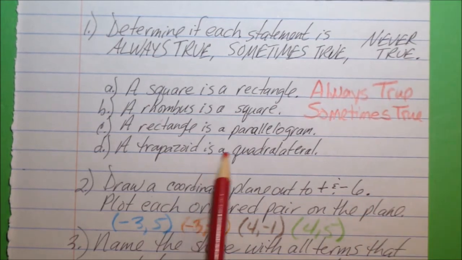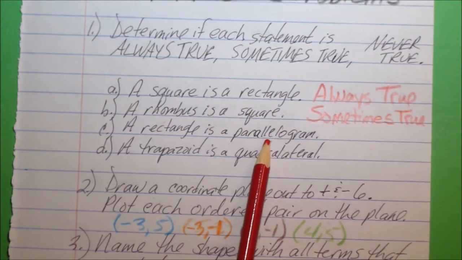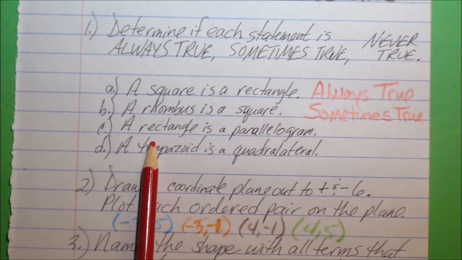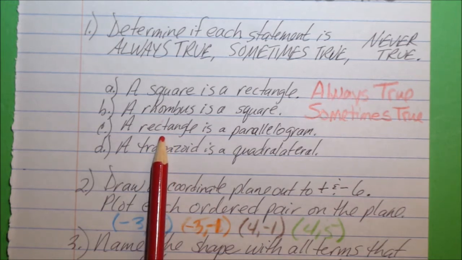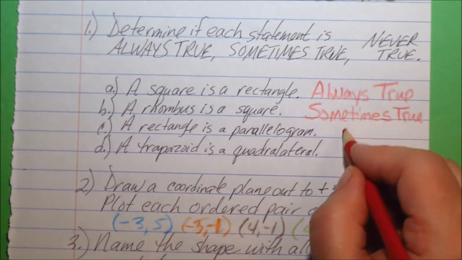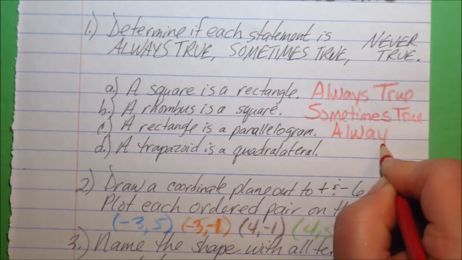All right. A parallelogram has to have the opposite sides parallel. So a rectangle has to have all 90-degree angles, which makes both of its opposite sides parallel. So a rectangle is always a parallelogram.